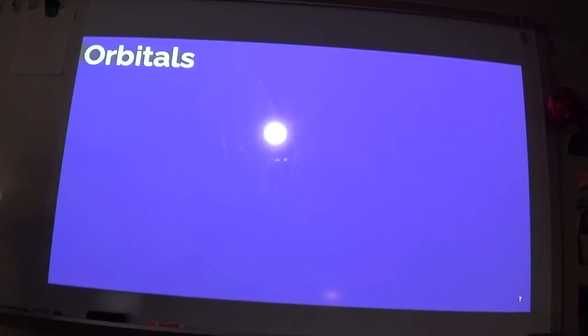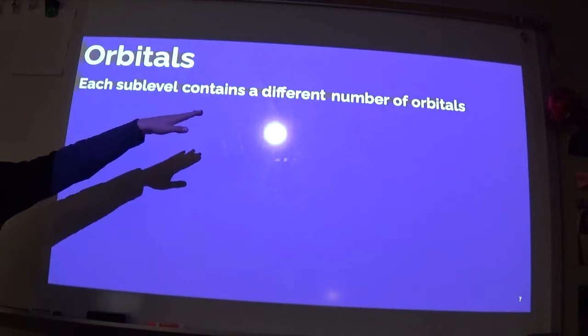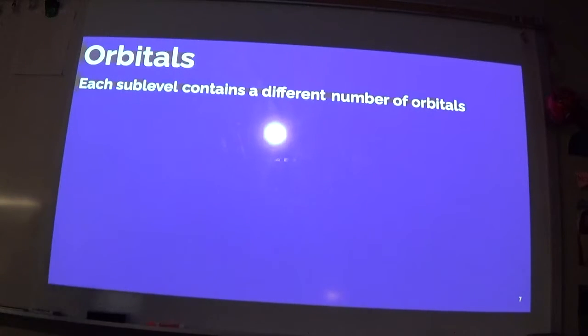So I've got floors of my hotel, then there are different hallways depending on what floor I'm in, and then there are rooms that the electrons can go in along those hallways. Those are like the orbitals. These are little pockets of the cloud where the electrons can spend their time. I'm going to show you pictures of these in a minute. The sublevels contain different numbers of orbitals, and there's a pattern for how that works.